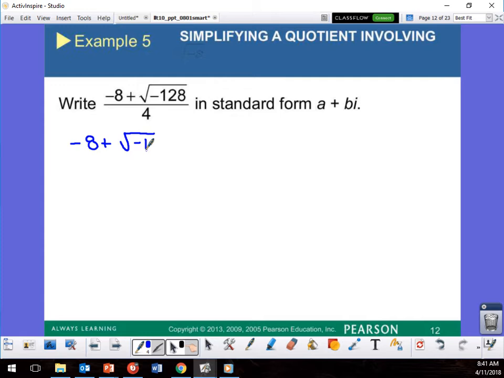So what else can we take out there? 128 breaks down to what? 2 times what? 64. Why did I choose 2 and 64?